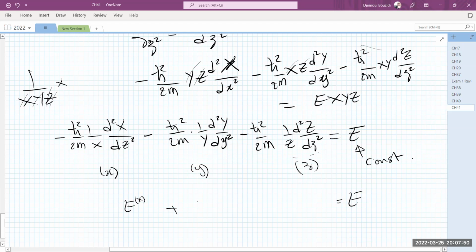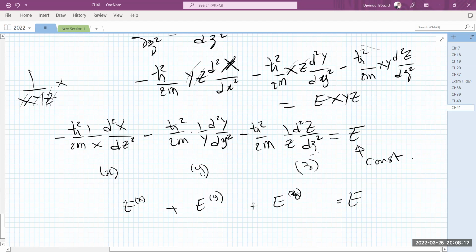Same thing, the second term I'm going to call the contribution to the energy from the motion along the y direction. And the third term is E sub z, meaning the contribution of the motion along the z direction to the total energy, so that the total energy really is the sum of all of these three contributions. So that's how I am writing it.